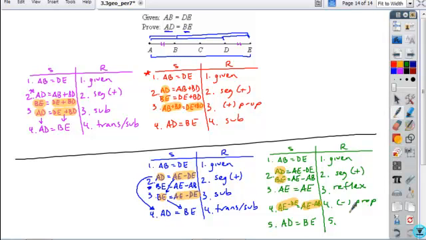And so replacing is just justified as substitution. Okay, so here are 4 different ways that you can approach this proof. Any of them work just fine. Basically, all of the proofs that you're going to see on this worksheet will be some form of this. These are the reasons that you're going to use: segment addition, addition property, subtraction property, transitive property, substitution. And that's really about it. Okay?